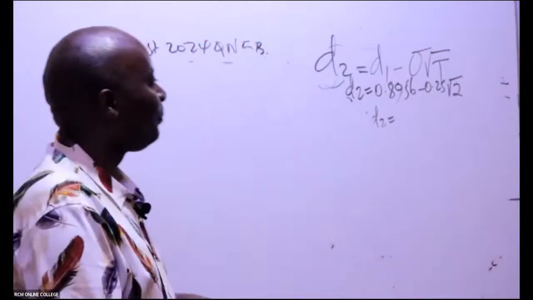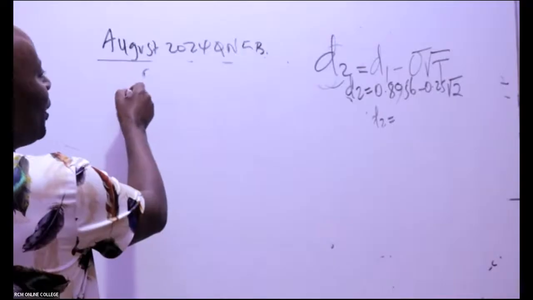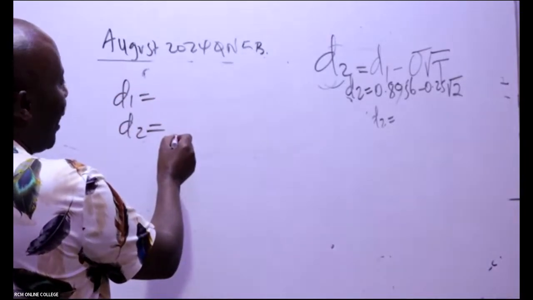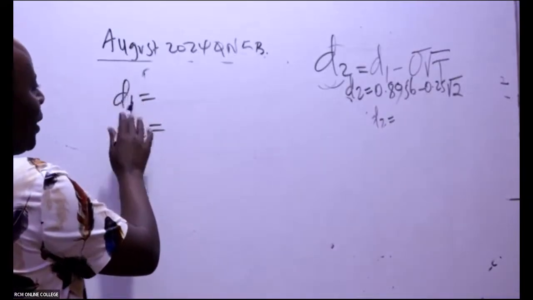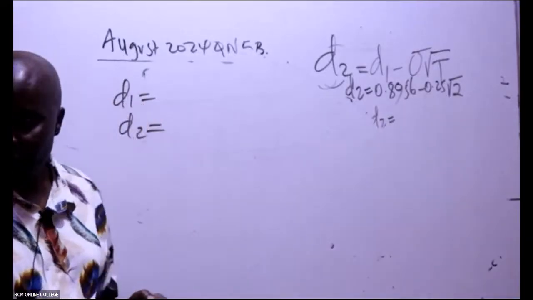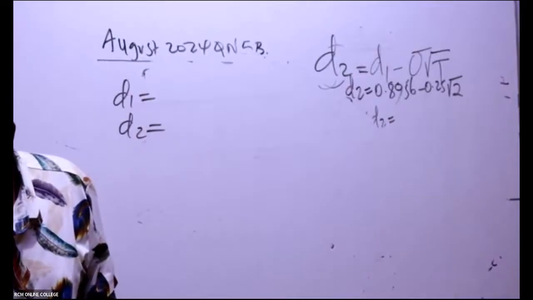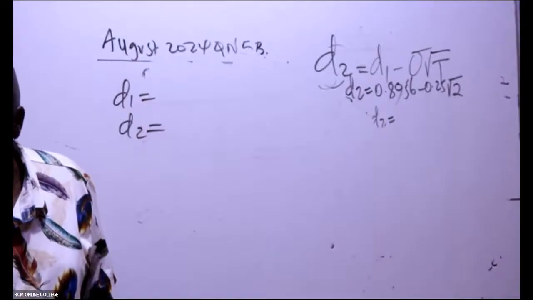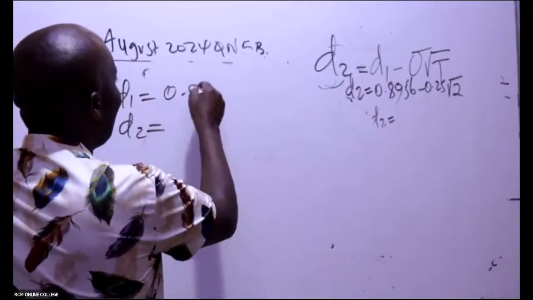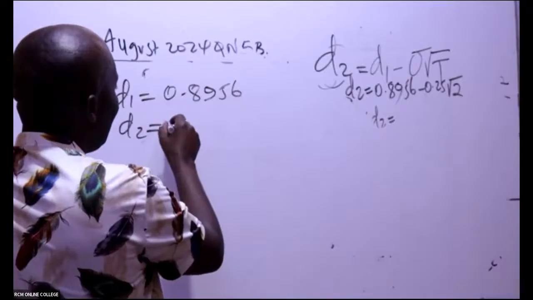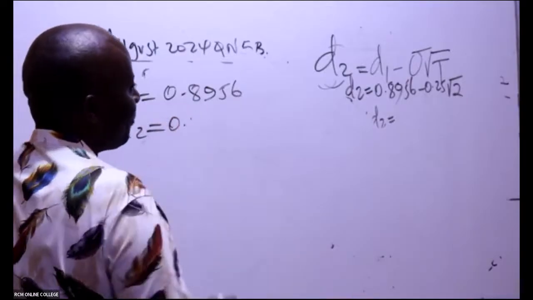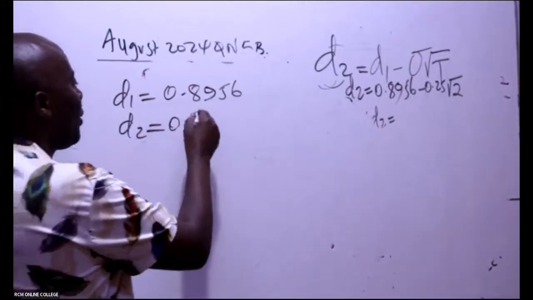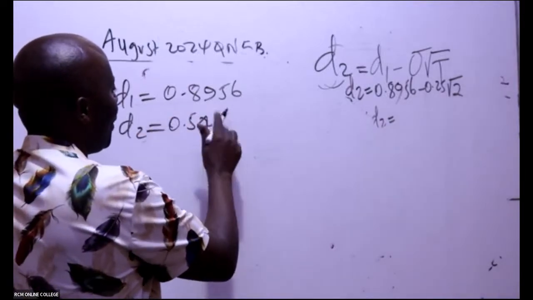So then we have our D1 figure and we have our D2 figure. Please remind Mwalimu, what is our D1 figure? Next is normalization, isn't it? So D1 figure is 0.8956, and D2 is 0.5421.